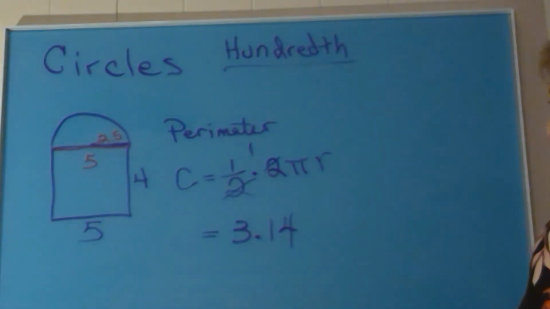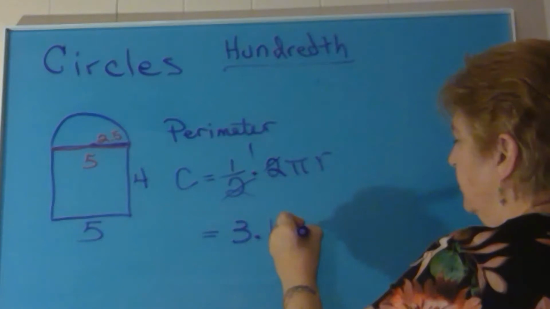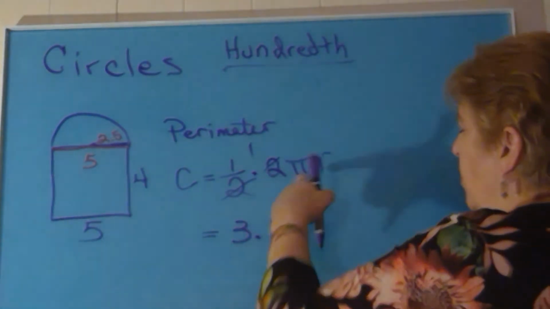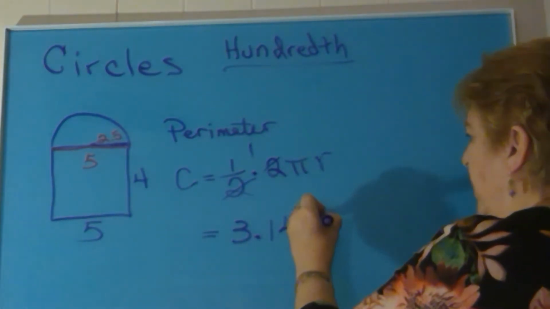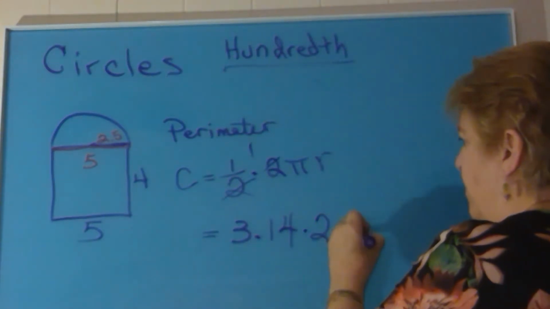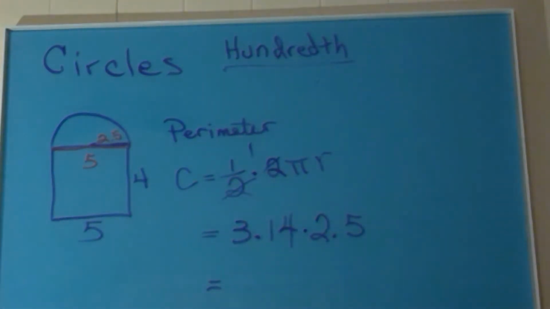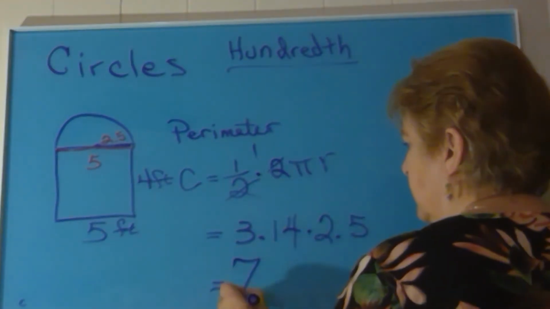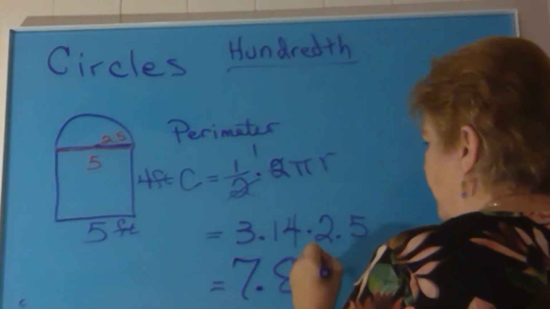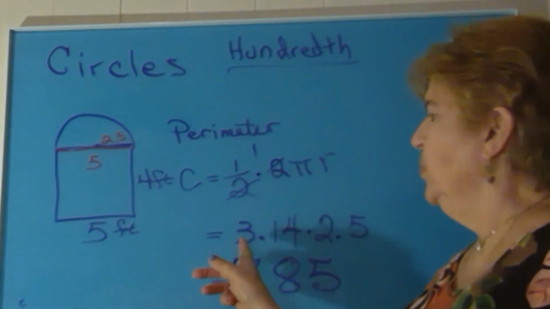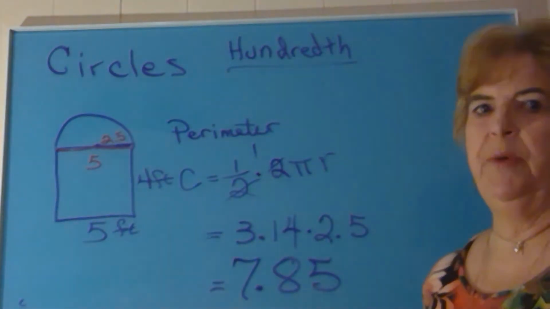So when you add that here to the formula, we have pi times the radius, which is 2.5. And if you put that in your calculator, you should end up with 7.85. Notice we put pi in the calculator as 3.14.